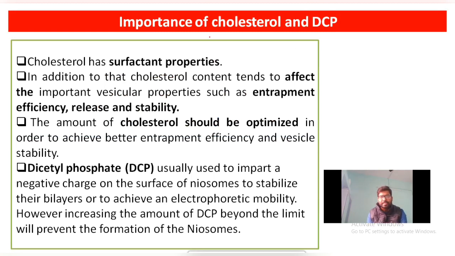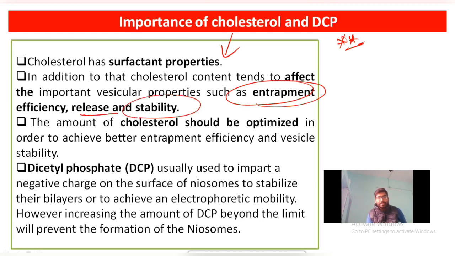Then coming to the next point, importance of cholesterol and DCP, diacetyl phosphate. What are their roles? Cholesterol has some kind of surfactant properties. That is good. And one more important thing is that cholesterol has a tremendous impact on drug entrapment efficiency, drug release and stability.